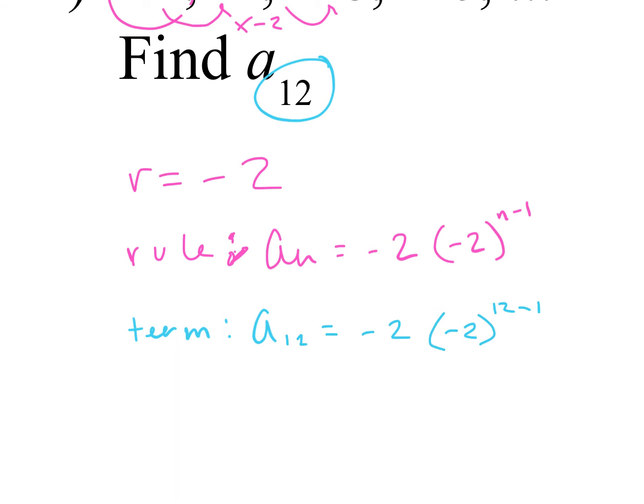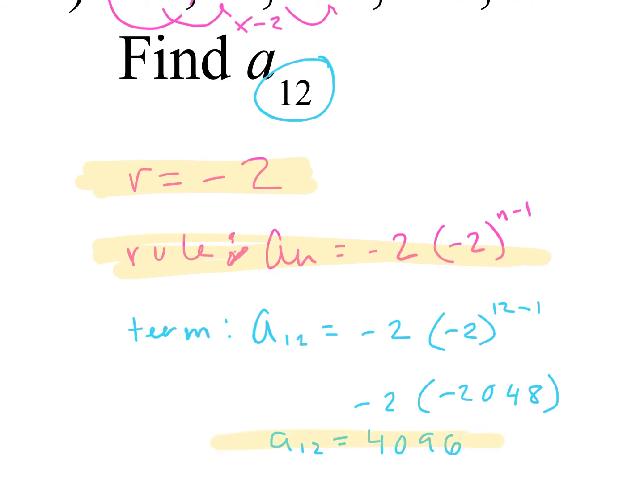So that gives us negative 2,048 times negative 2. So 4,096. So we have our common ratio, our rule, and our term.